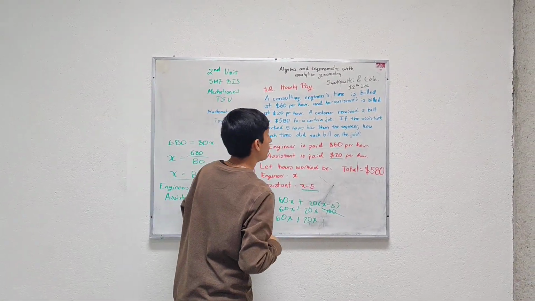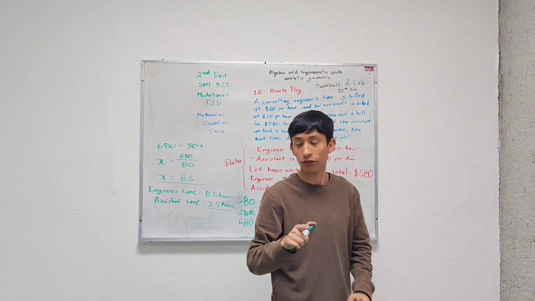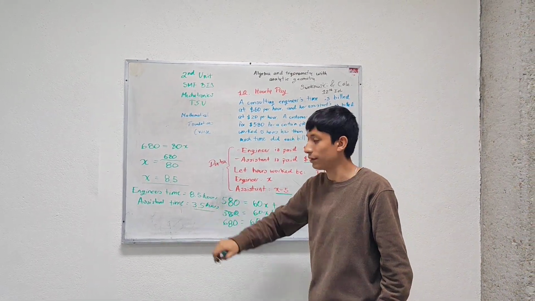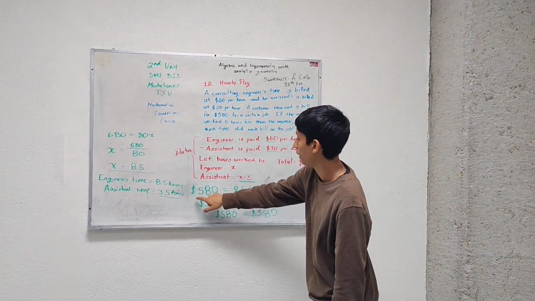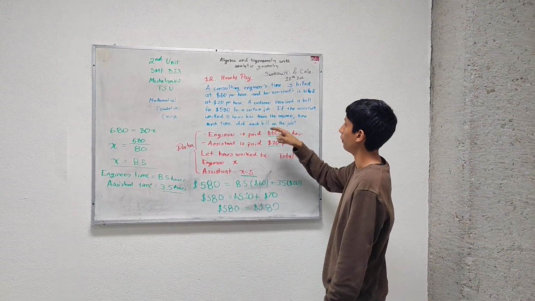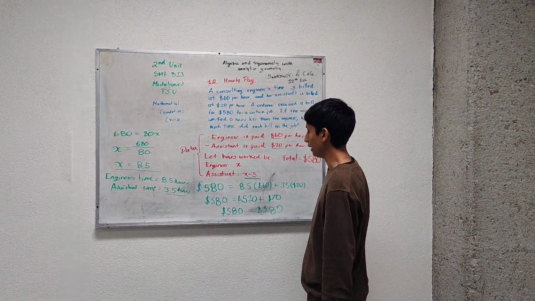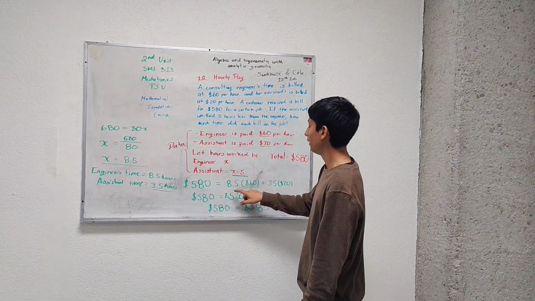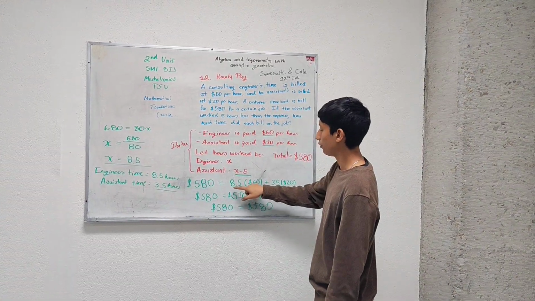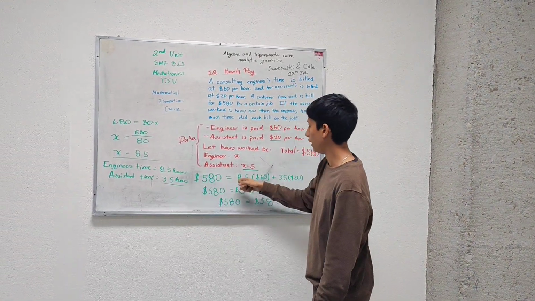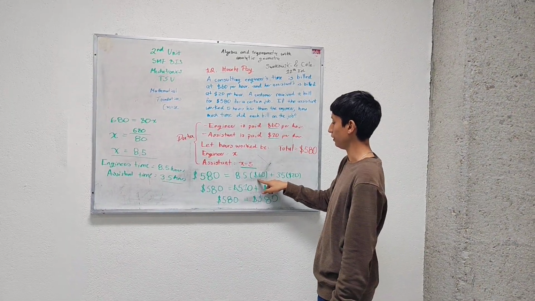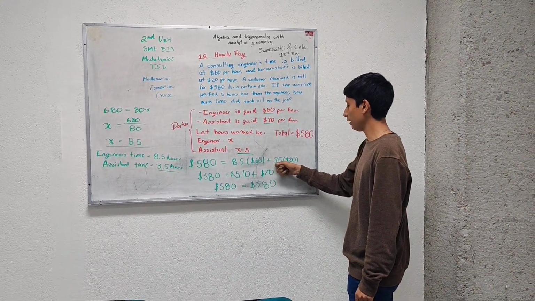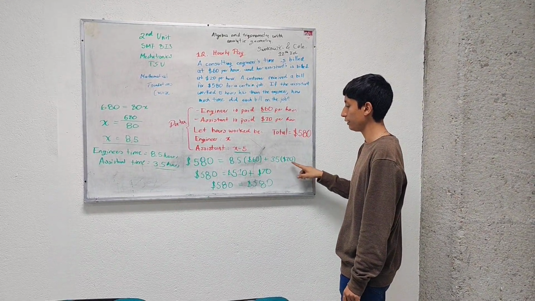I'm going to pause right here only to write the verification of this. So right here is the verification. $580, that was the total amount paid, needs to be equal to the time of the engineer, 8.5 hours times 60, the amount of money the engineer receives per hour, plus 3.5 times $20.